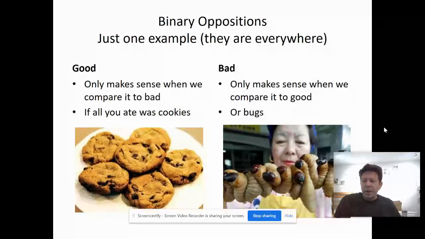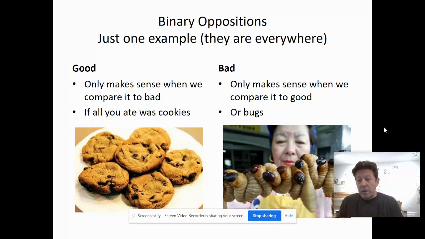However, somewhere in the future, someone offers you something other than a cookie, like a bug, and you eat the bug, and you realize that all cookies taste better than bugs, right? So the Oreo cookie that was bad now is not so bad because of your new experience.